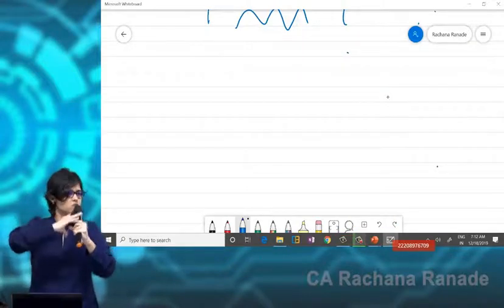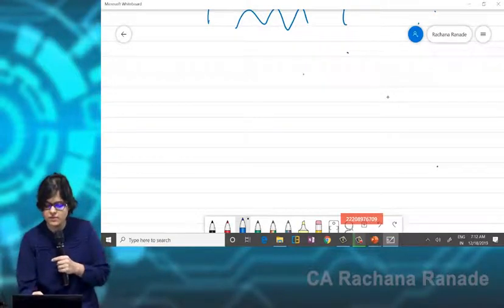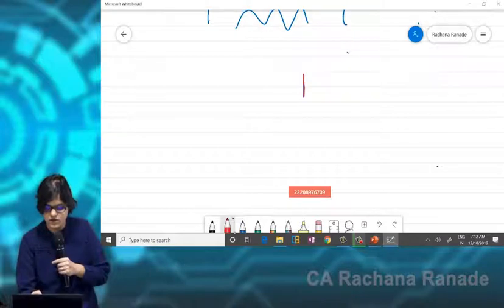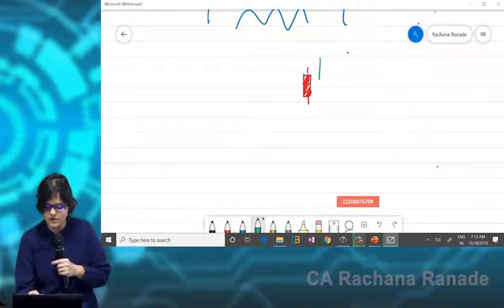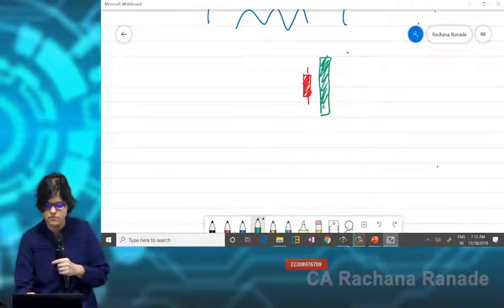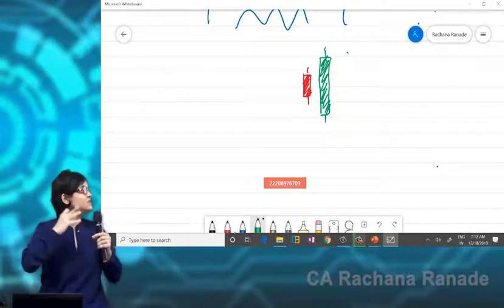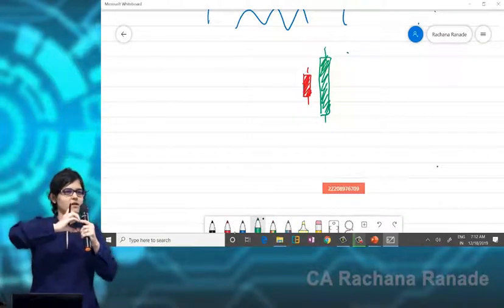So if I were to give you an example, let us say this was the previous day's candlestick, this one. And the second candlestick is this one. What has happened? The second candle has actually eaten up the first candle.